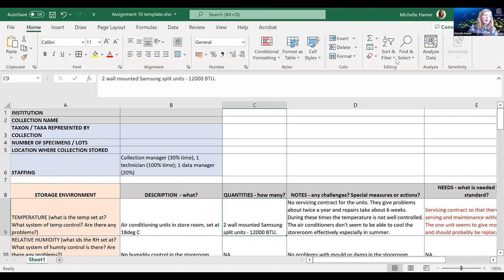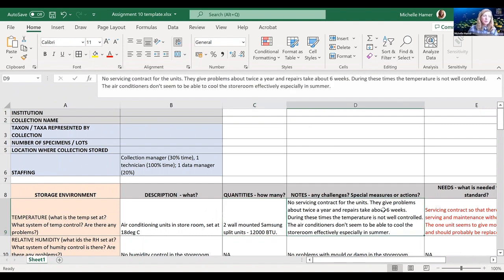And then notes any challenges, special measures, or actions. So what's the story about these, if there is one? So I just made this up, but it might be something like this. You might not have servicing contracts for the units. Often they get problems, and repairs take about 6 weeks. I think that's a common problem.